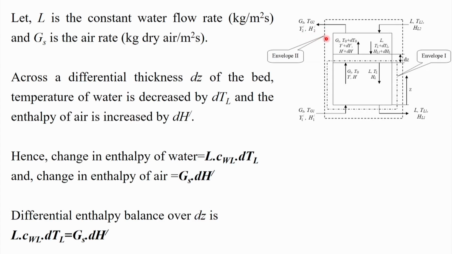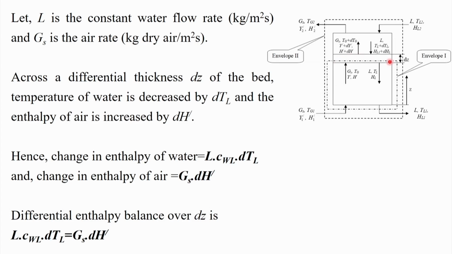For the simplicity of the calculation, first we assume one envelope, envelope 1, which we will take as the bottom part of the cooling tower. After that we will take one incremental height of dz, or thickness of dz.